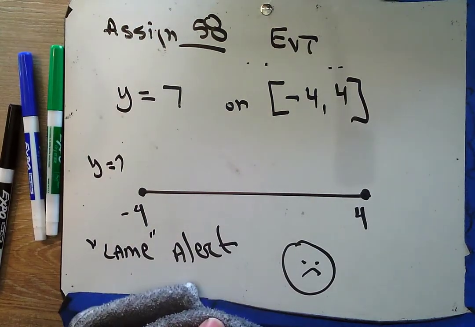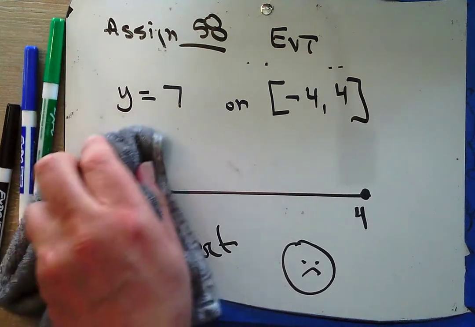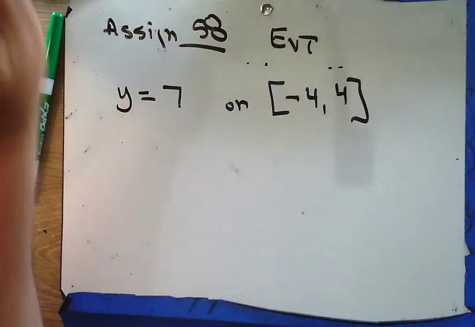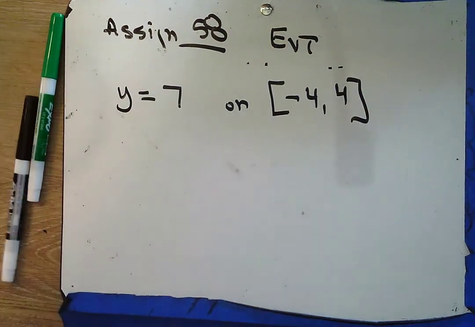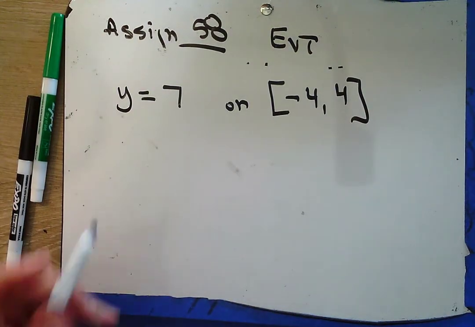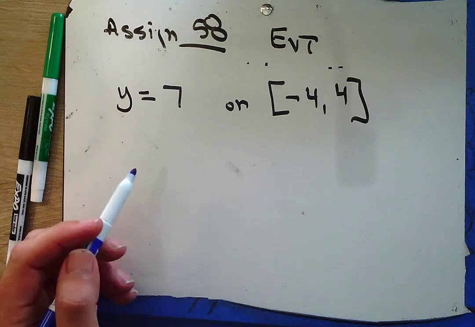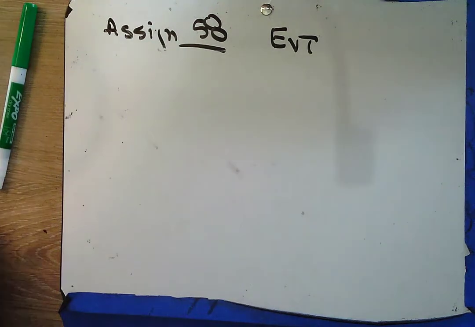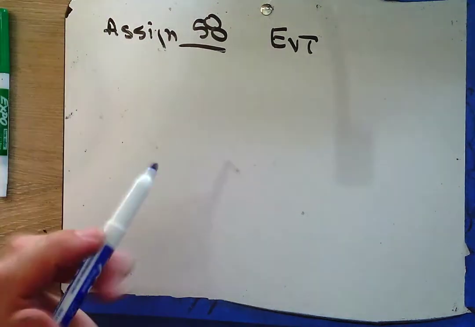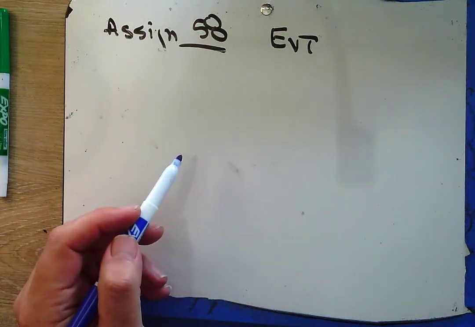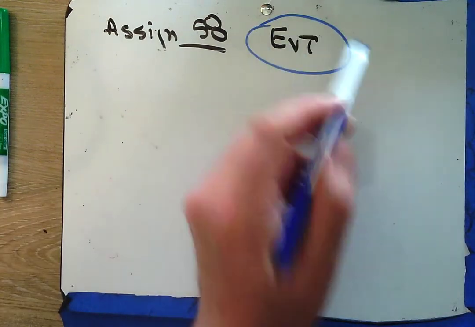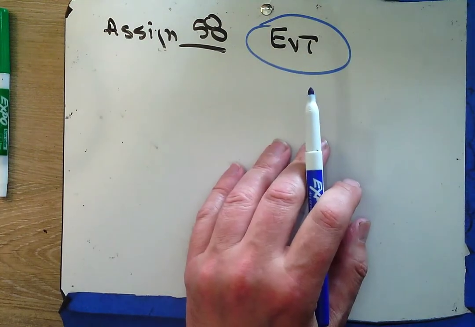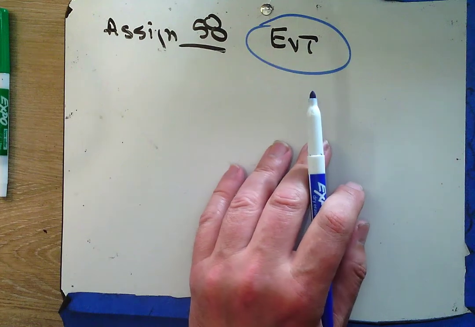And I'll say that while we're starting to look at EVT as a way of determining mins and maxes, we're not going to use a lot of what is presented here as our technique, because all we know is that a maximum exists.